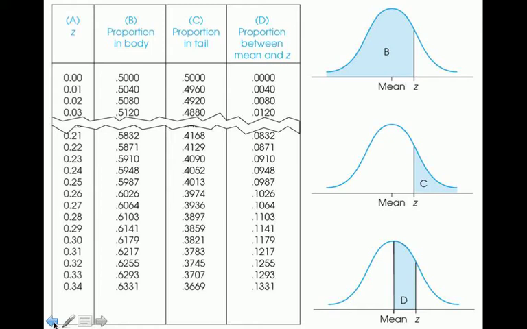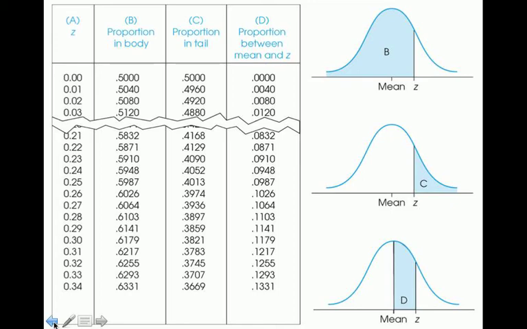So we would look at our z-score table. You see a z-score of 0.25. We're interested in the proportion in the body, and so the percentile rank is almost the 60th percentile, 0.5987. So a proportion and a percentile are treated the same.